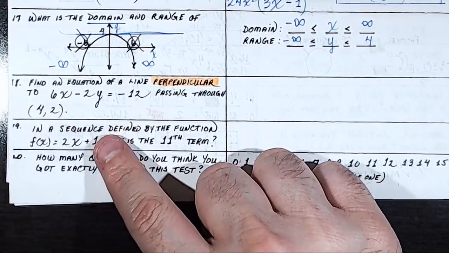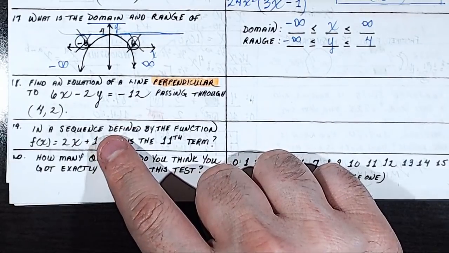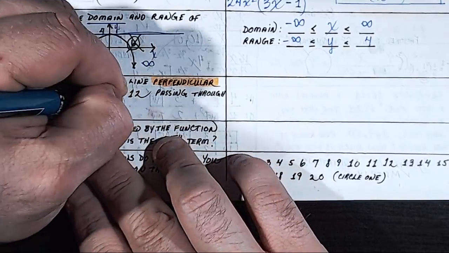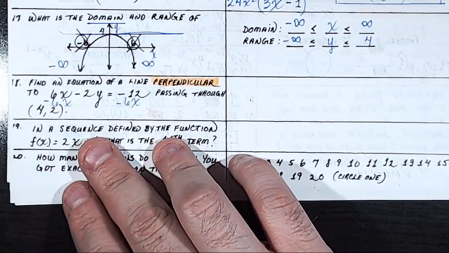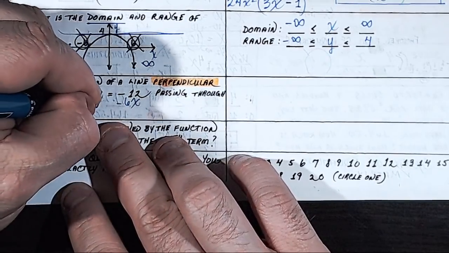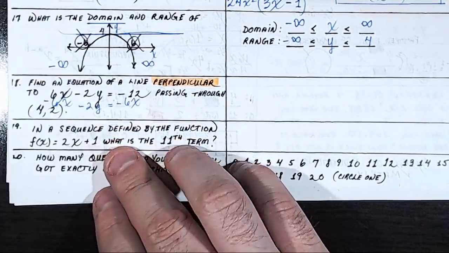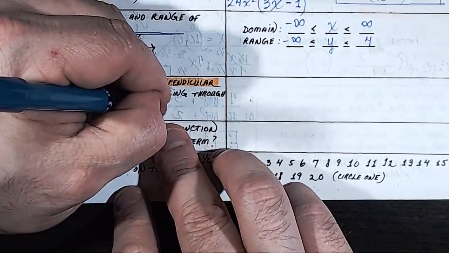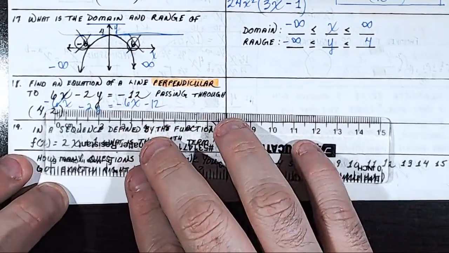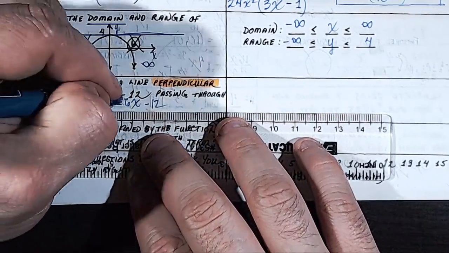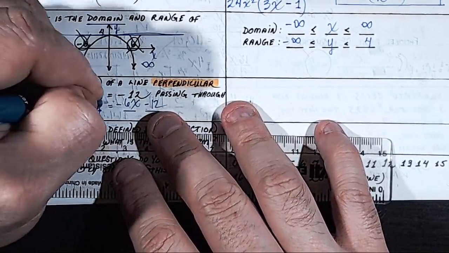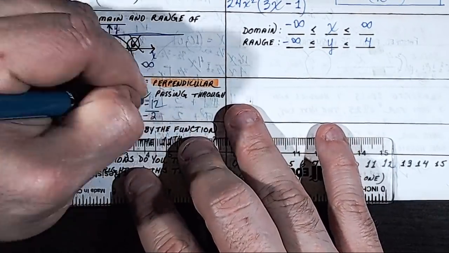So first things first, we got to get y by itself. So subtract 6x from both sides, right? Cross that out. Now I've got negative 2y equals negative 6x minus 12. Okay, and I'll just divide both sides by negative 2.